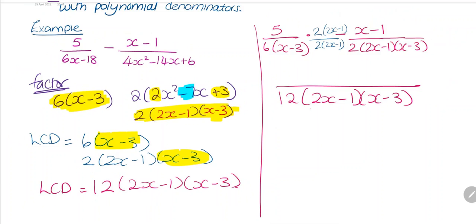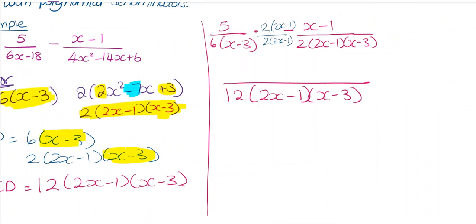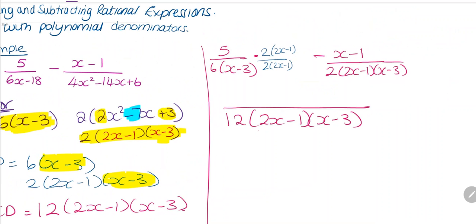And then if we look at the other side, we need to multiply this by 6. 6 times 2 is 12. We've got the 2x minus 1 and we've got the x minus 3. So I'm going to multiply the top and the bottom both by 6.